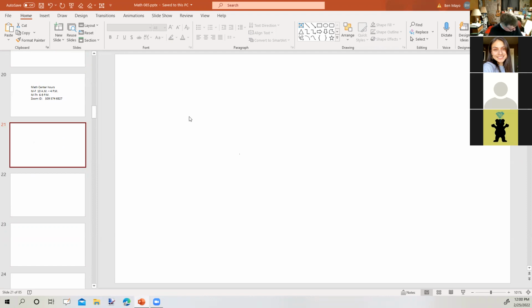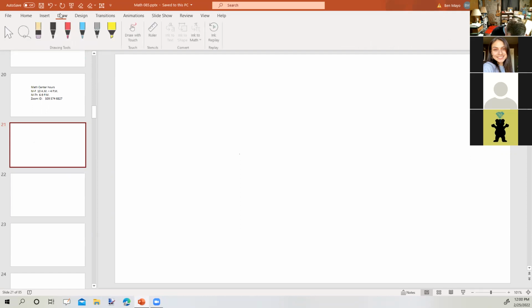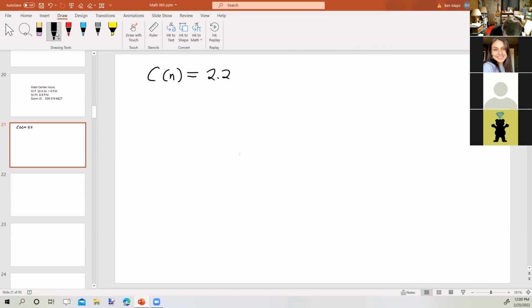This first one says operating costs. The cost C, in dollars, of operating a certain concrete cutting machine is related to the number of minutes n the machine is run by the function C of n equals 2.2 n squared minus 66n plus 655.